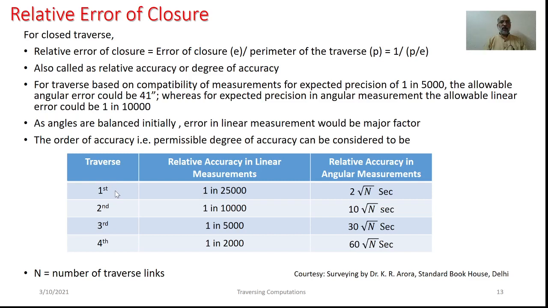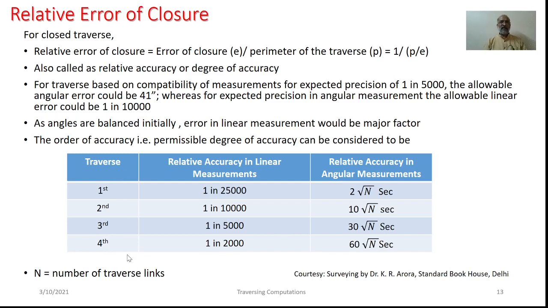As we have discussed earlier, if the traverse is of first order, the accuracy will be the highest, whereas compared to that, the fourth order traverse would be much inferior. Hence, the relative accuracy in linear measurement can be considered to be 1 in 25,000, 1 in 10,000, 1 in 5,000 and 1 in 2,000 for the traverses of first order, second order, third order and fourth order respectively.